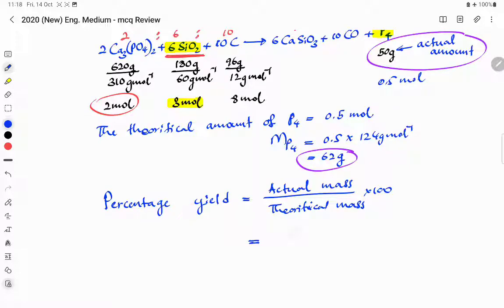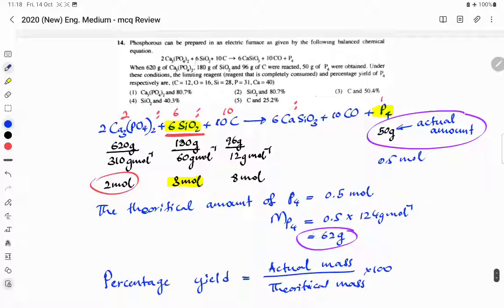The actual mass is 50 grams. Theoretical mass is 62 grams into 100. The answer is 80.65. So can be rounded off to 80.7.